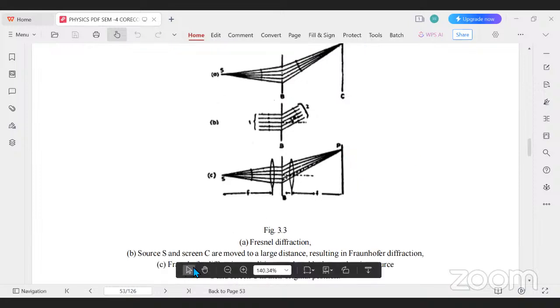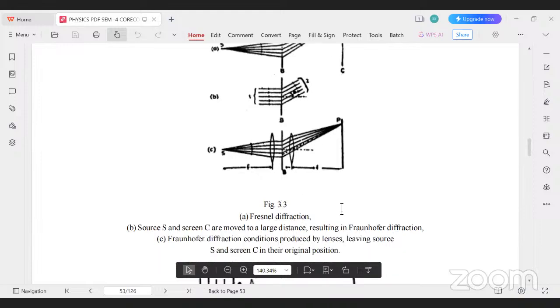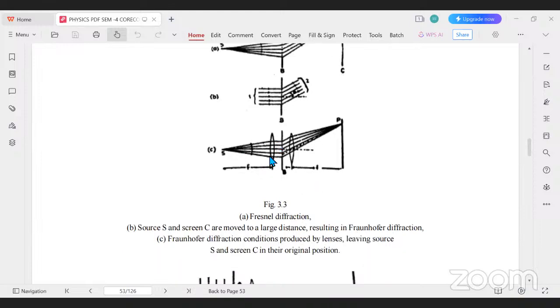The source and screen C are moved to a large distance. For example, these are glass materials. When the glass material is placed in between, the source of light is there, and we see how it travels and allows light to pass in this way, and we are able to see the observation.